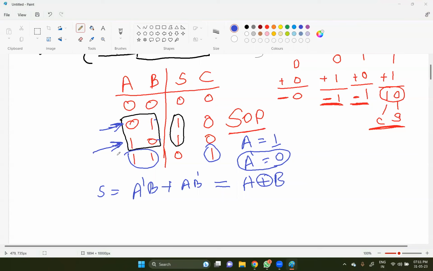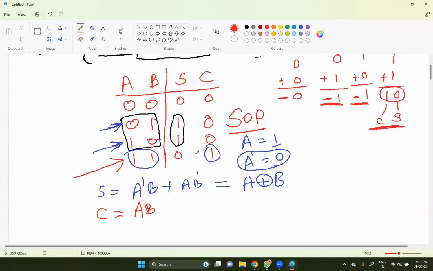Similarly, here you can take the carry. Let me take some other color so you can understand very easily. If this carry is taken into consideration, when both values are equal to 1, then the carry will be 1, otherwise the carry will be 0. Therefore, the carry will be A into B here.